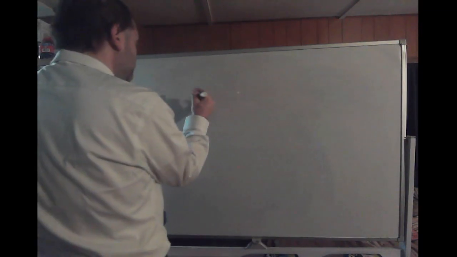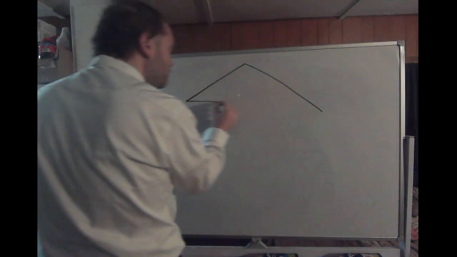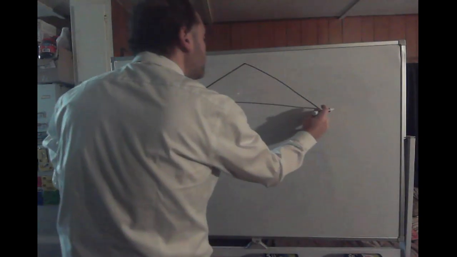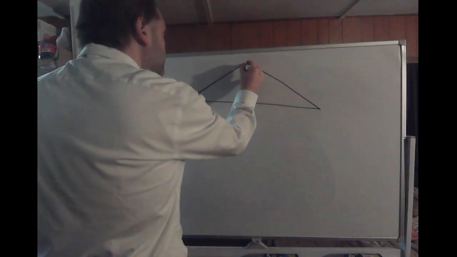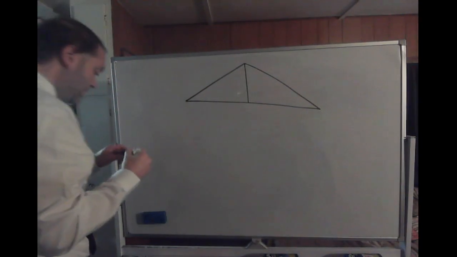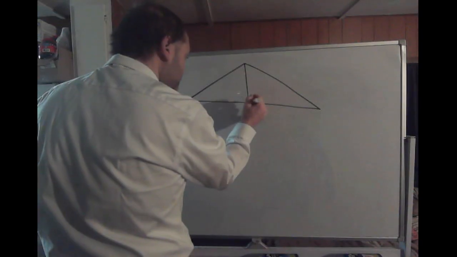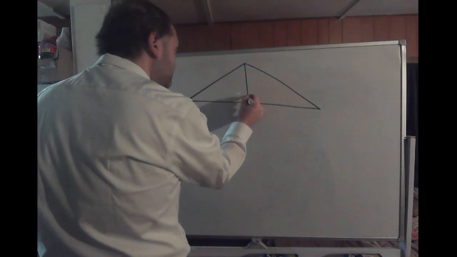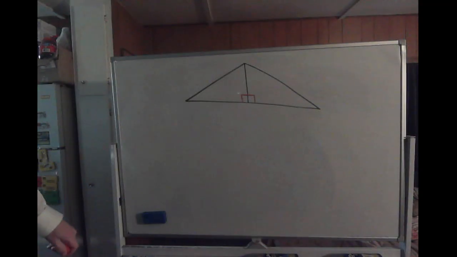This time it sets the triangle upright. What else do we get here? Yes, we get that coming straight down, making a perpendicular line here. So that means by default, these two triangles that it's split into are also right triangles.